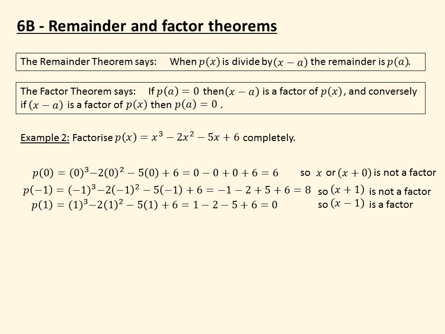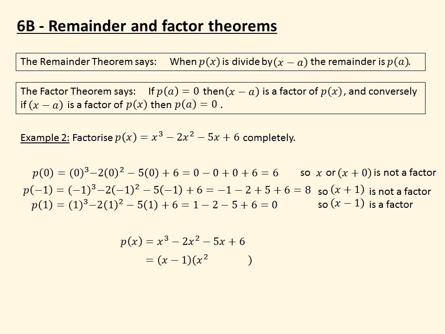So we're going to now factorise the cubic into the factor x minus 1 and a quadratic. The cubic term, x cubed, must come from the x times the x squared term here. So that first term must be x squared.